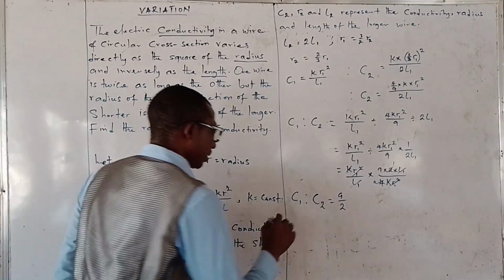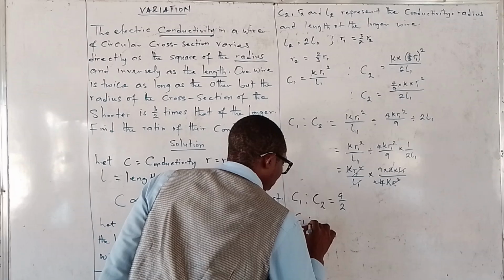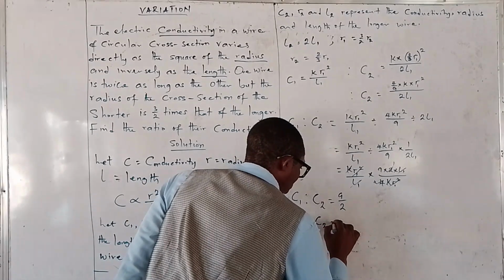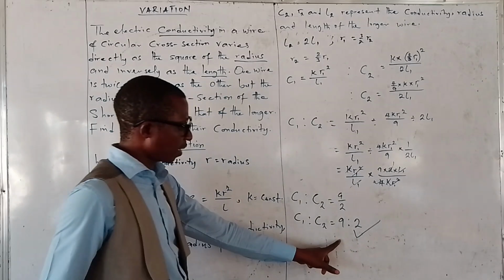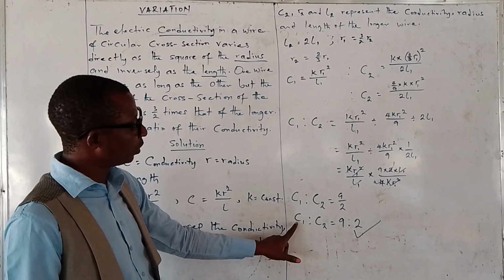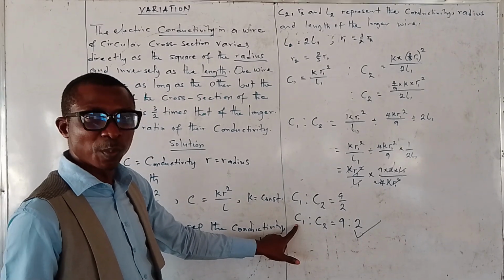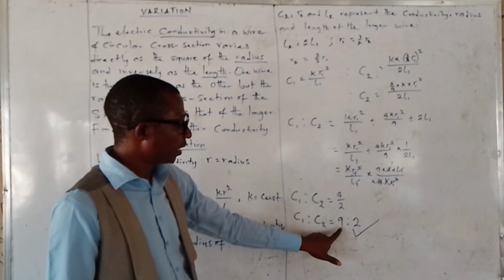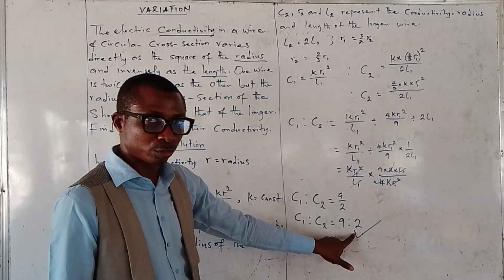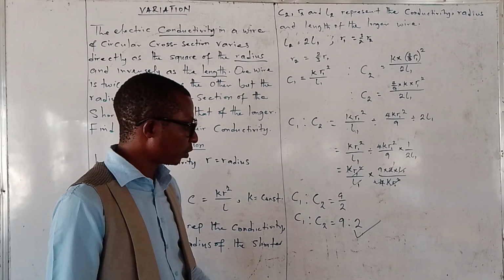That's the same thing as C1 to C2 equals 9 to 2, and this is the answer. The ratio of the conductivity of the smaller wire to that of the longer wire is 9 to 2. So that's the result.